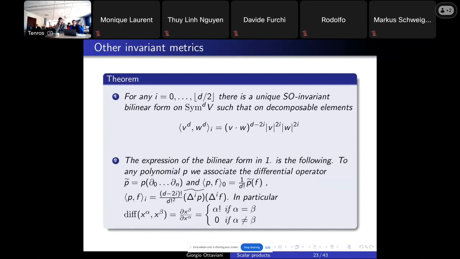But you see, the philosophy is that my space in degree D is not irreducible. It splits in several pieces due to harmonic decomposition.